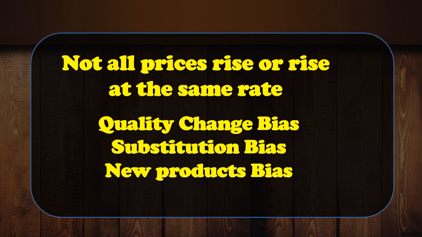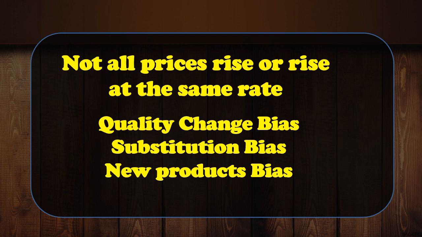So a modern computer is thousands of times better than my laptop, and yet it costs about the same. So the decrease in prices in computers, the government says, computer prices have gone down 90% in the last 40 years. Well, no, they've gone down a whole lot more than that. But the way the system is set up, you can't calculate it.